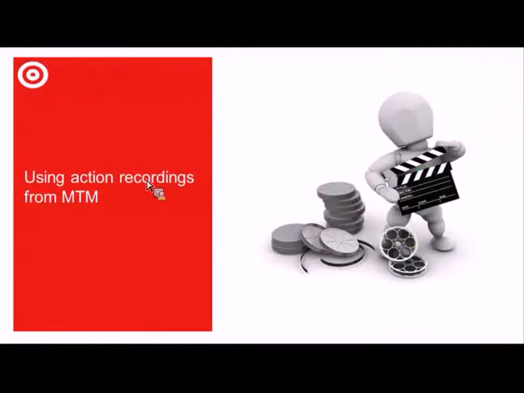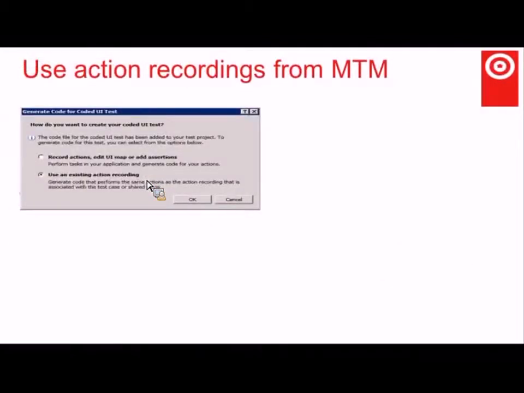Now this morning, Peter showed recording tests using MTM, and he got a script that he could run using MTM, and that contained a series of test steps. Now we can convert those recordings into coded UI tests. When I showed you the first demo, this little window popped up.